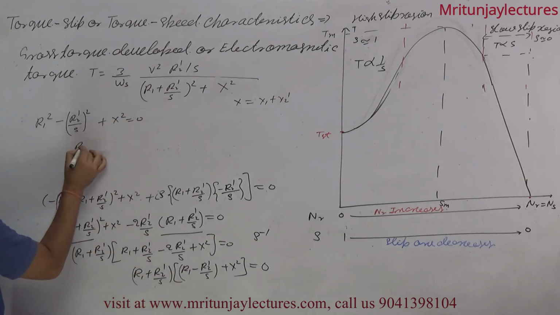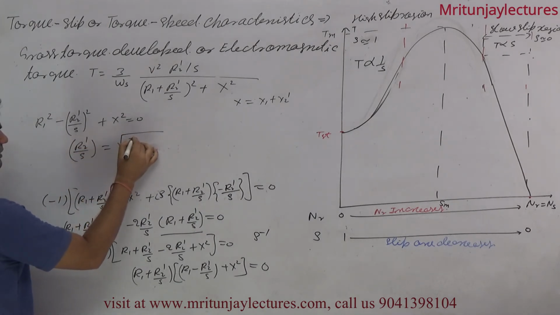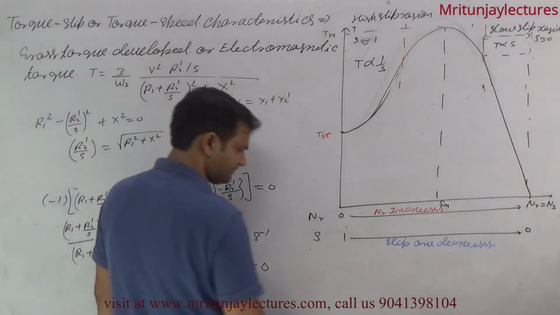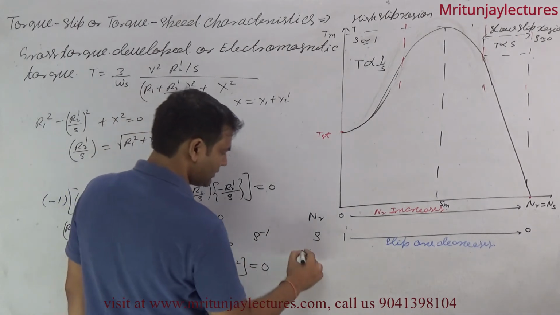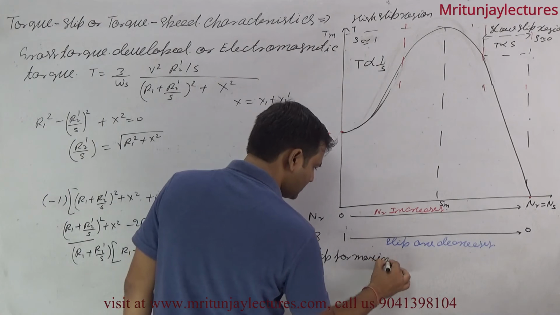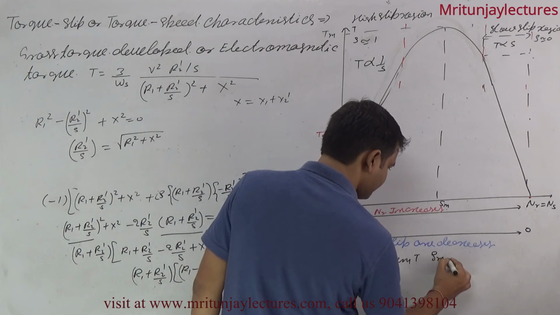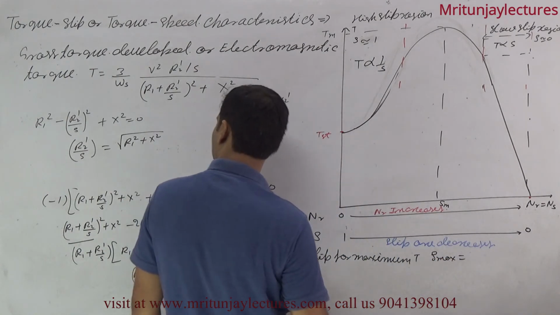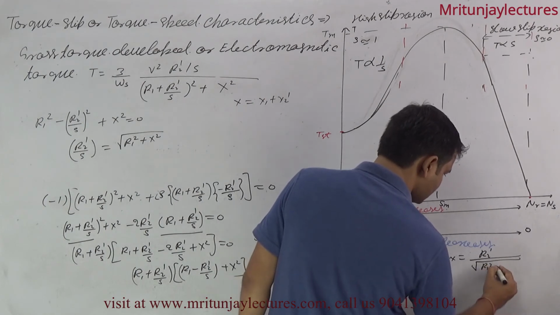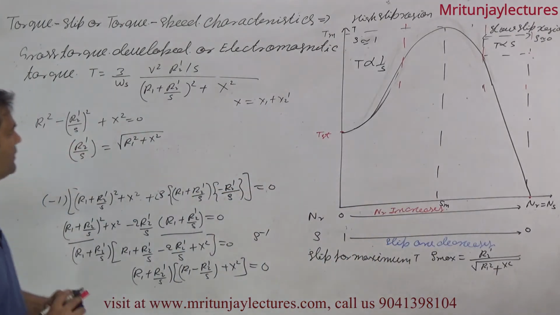So finally r2'/s is written as √(r1² + x²). So for maximum torque, slip for maximum torque, that is Sm, this will be equal to r2' divided by √(r1² + x²). Clear?